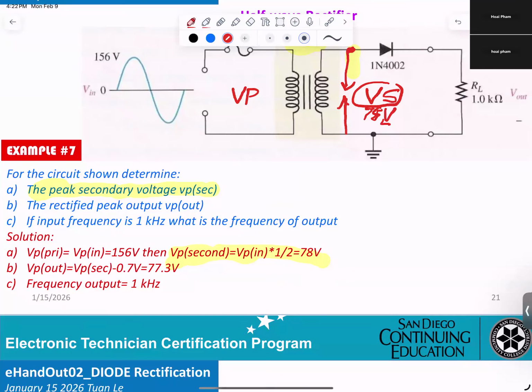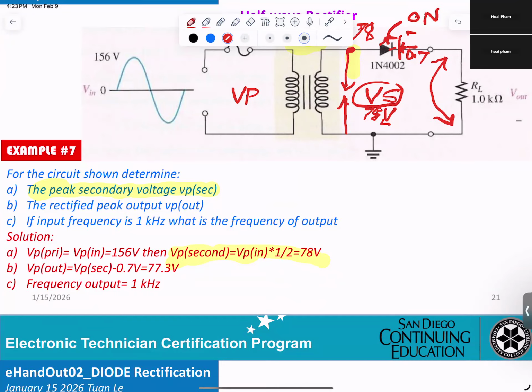However, they want the V peak secondary here. If you get 78 volts, the diode will be on. And when it's on, positive, negative, positive, negative 0.7.